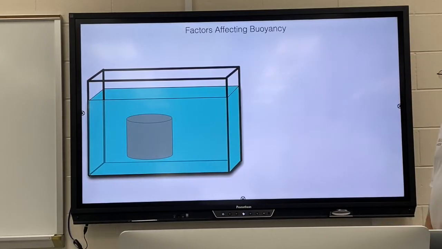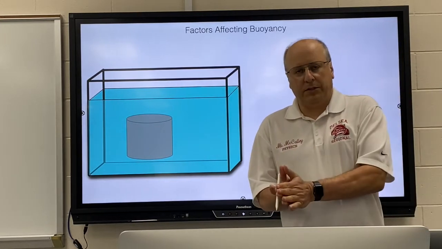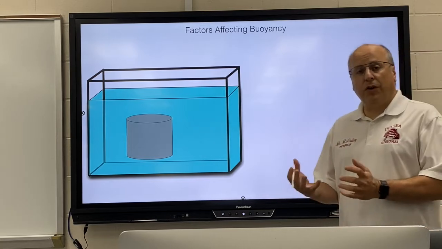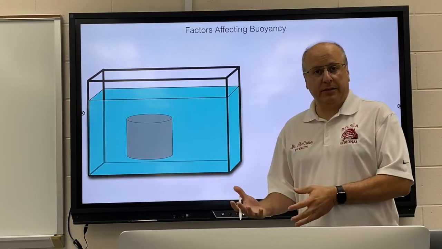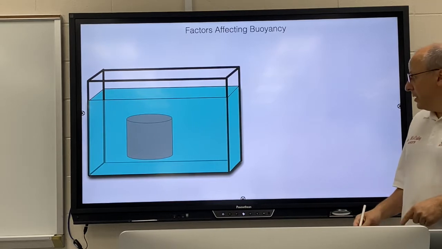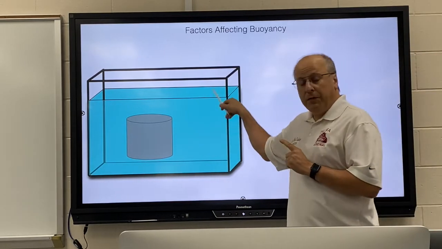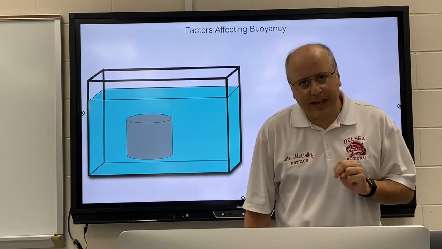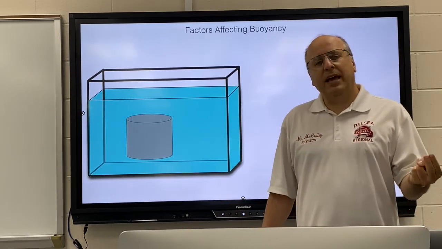Okay, now that we know what causes buoyancy, let's look at the factors that affect how strong the force of buoyancy is. It turns out that there are three factors. One, the type of fluid that it's in. Two, the planet's gravitational field. Why is that a factor?